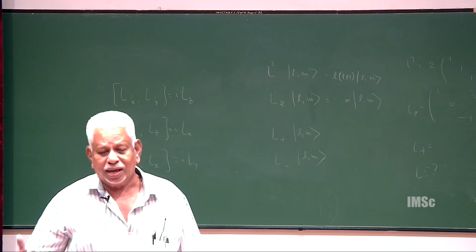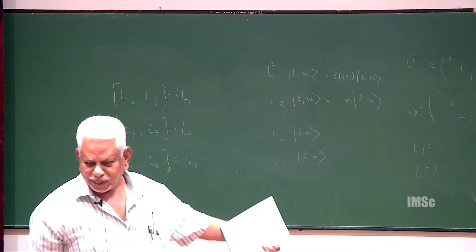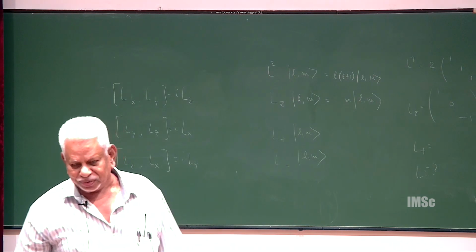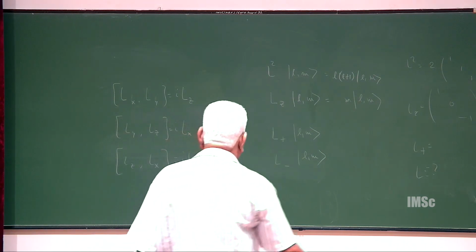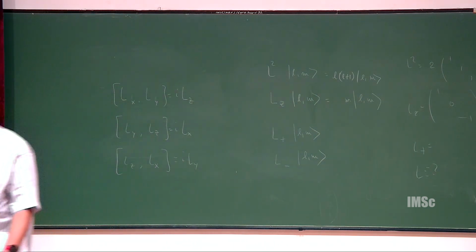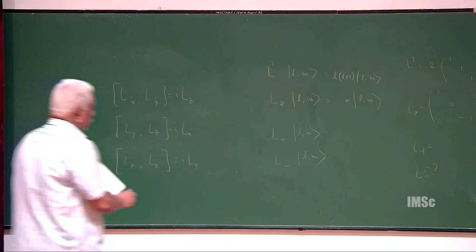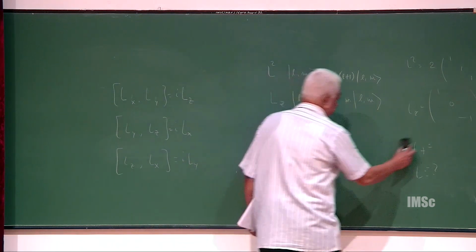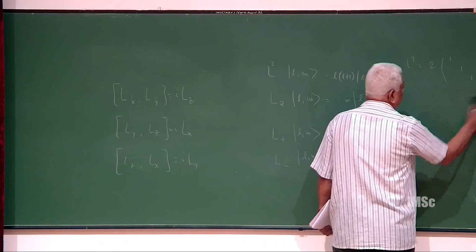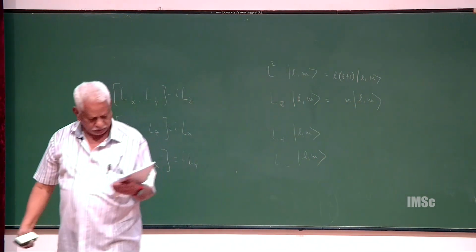You can simply add Lx plus i Ly, that will give you L plus and L minus. That is nothing new. But anyhow, I will give you the answer for arbitrary L. For any L, the answer is the following.